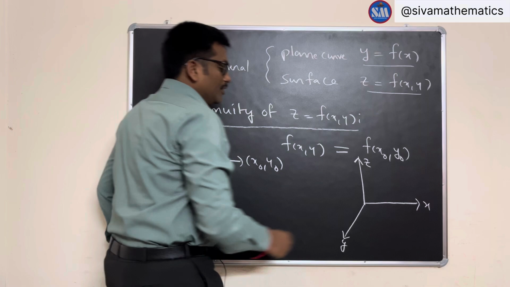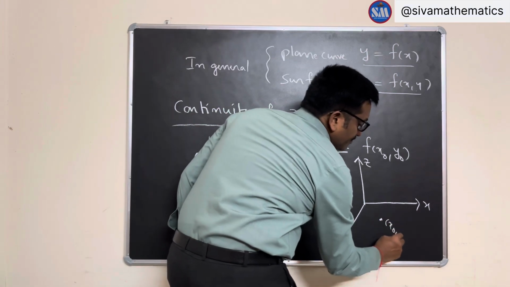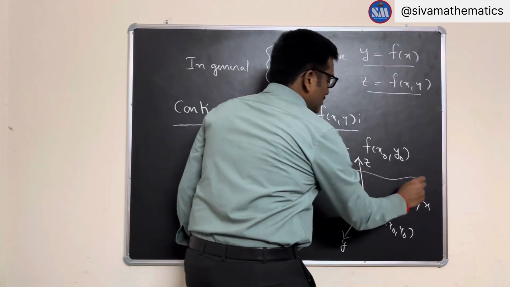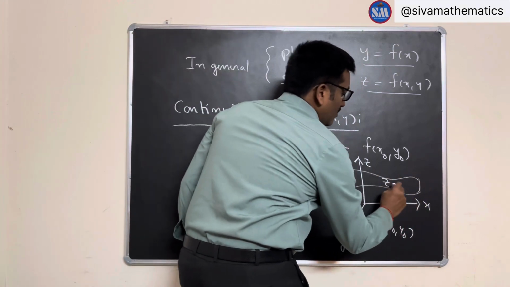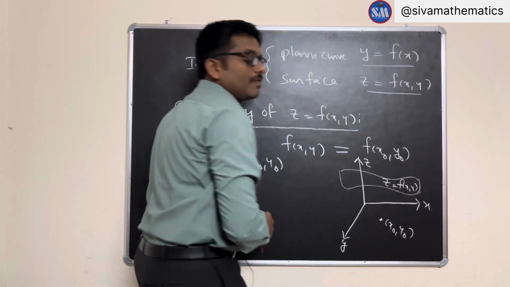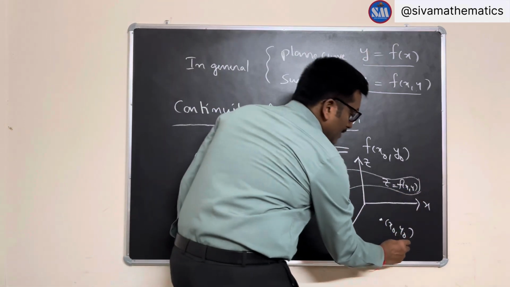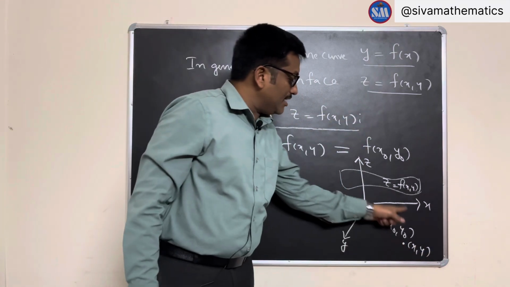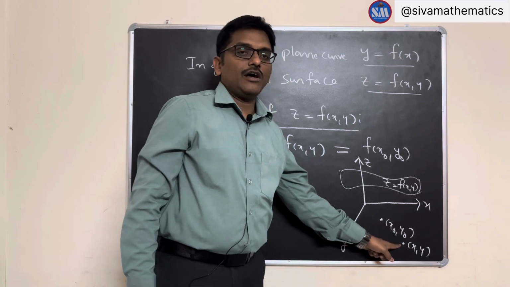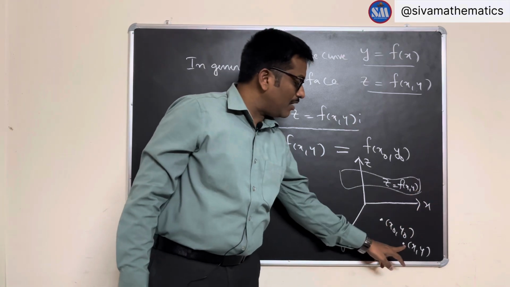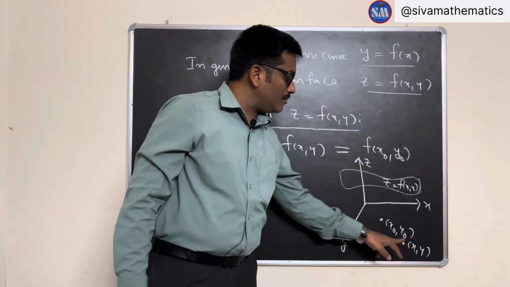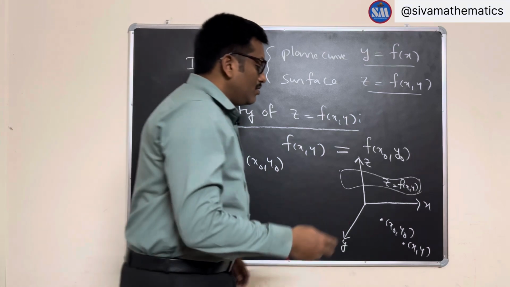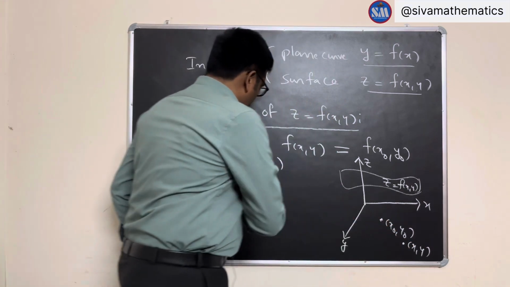Now if we take a point x naught comma y naught here, and let us suppose that this function is a surface like this, z equal to f of x comma y, and you take any arbitrary point x comma y like this, and you can take this point anywhere nearby. In order to understand the concept, we are taking it somewhat far, but it is almost near to x naught comma y naught. So this point can approach x naught comma y naught.